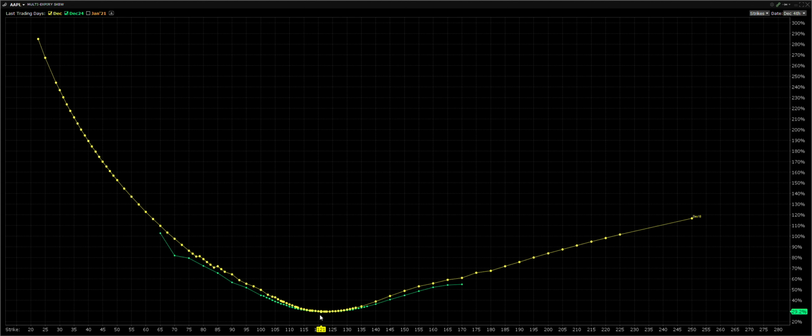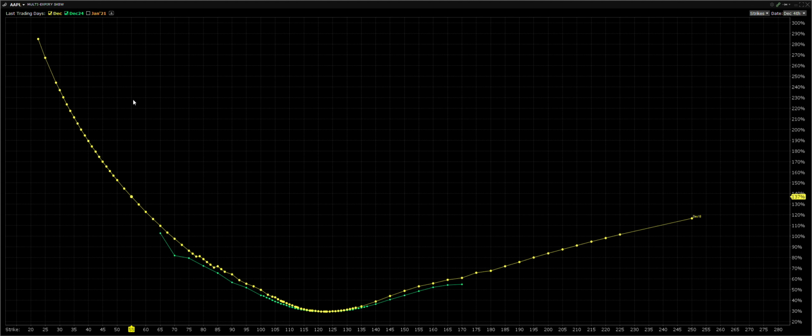Again, pretty bunched up. As you go further out, you do see that bifurcation here. If you went with one further out, in this case, it is a little bit cheaper, both on the downside and the upside. Depending on what kind of trade you're placing, this can be helpful.